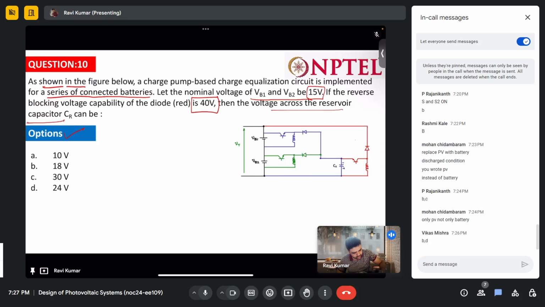The diode rating here is 40 volt. The battery is 15 volt. This is 15 volt. Then you need to identify the voltage across this reservoir capacitor.